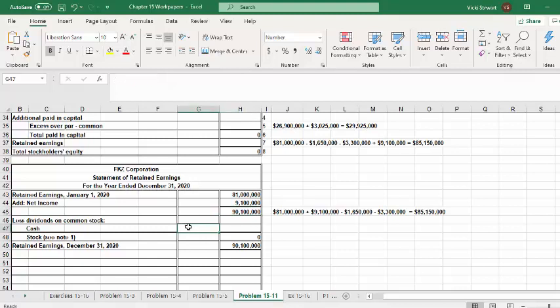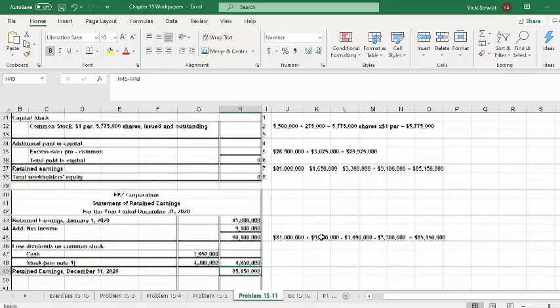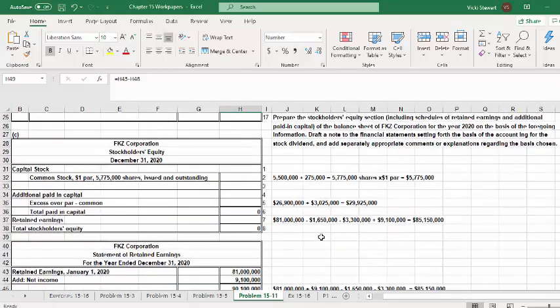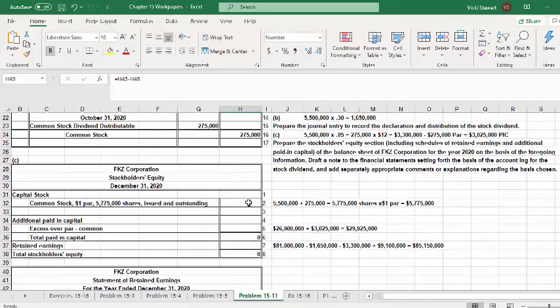And then we had two debits to retained earnings, one for the cash dividend of $1,650,000 and the other one for the stock dividend of $3,300,000. So our ending balance in retained earnings at December 31st, 2020 was $85,150,000.